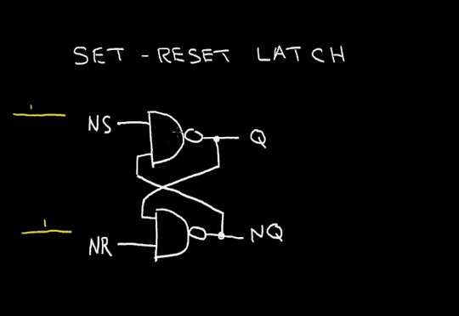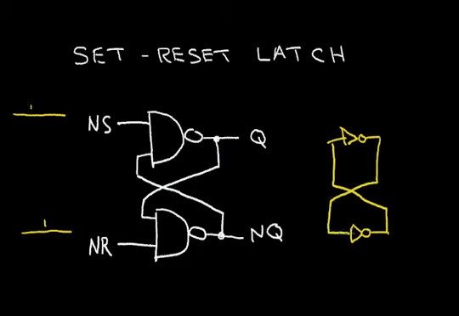And in that situation, these NAND gates act like inverters. So the top NAND gate acts like an inverter, the bottom NAND gate acts like an inverter, where this output connects to the input, and this output connects to the input of the other inverter. So this is just a memory element. You'll recall this from previous videos.